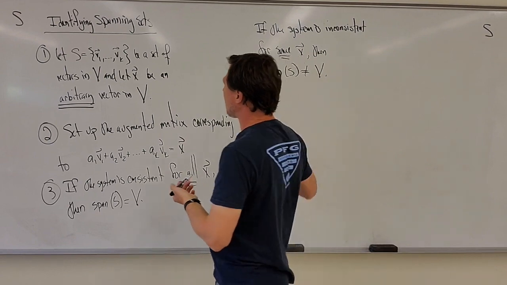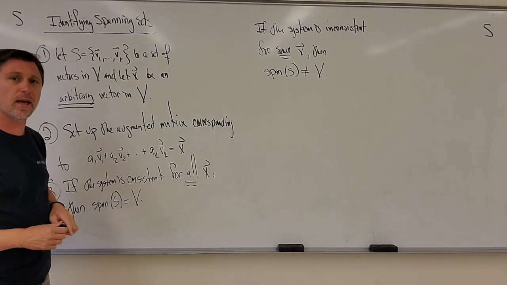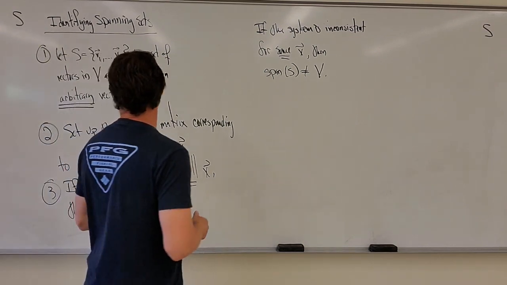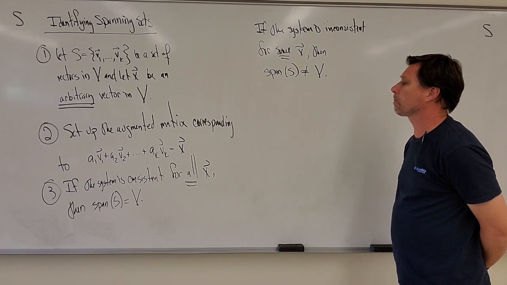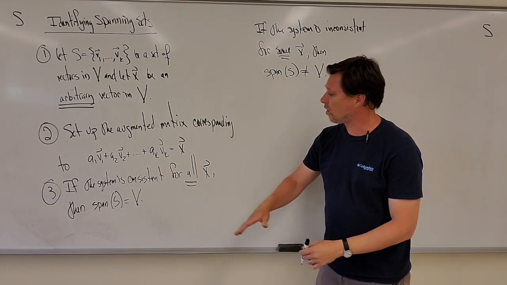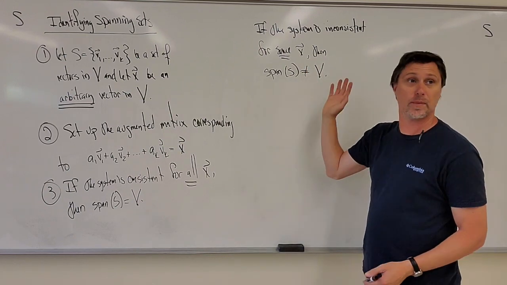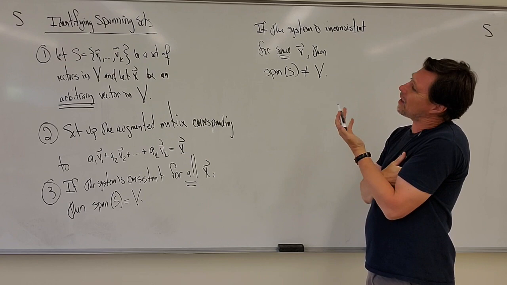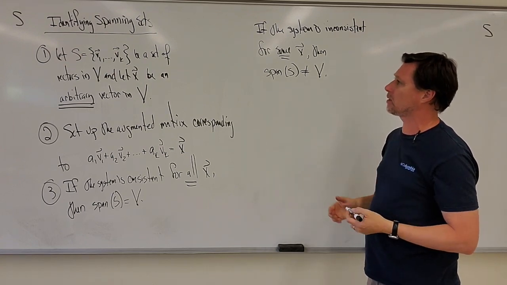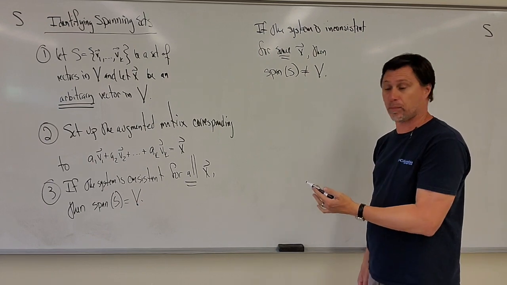So these are the steps to go through. This doesn't work every single time, but for all the examples that we see today, this process is going to work. So if we can solve the system, then we conclude that the span is equal to V. If we can't solve the system, then we conclude that the span is not equal to V. And I'd rather you not memorize these steps right here. What I really want you to do is understand why this is the right process.